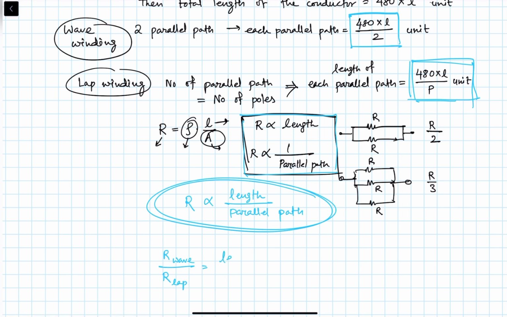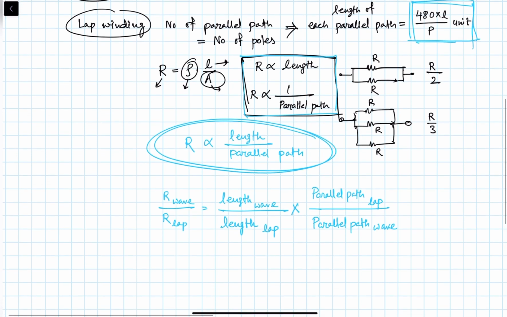I'll just write the formula again: length of wave winding by length of lap winding into parallel path of lap by parallel path of wave. I hope it is clear.